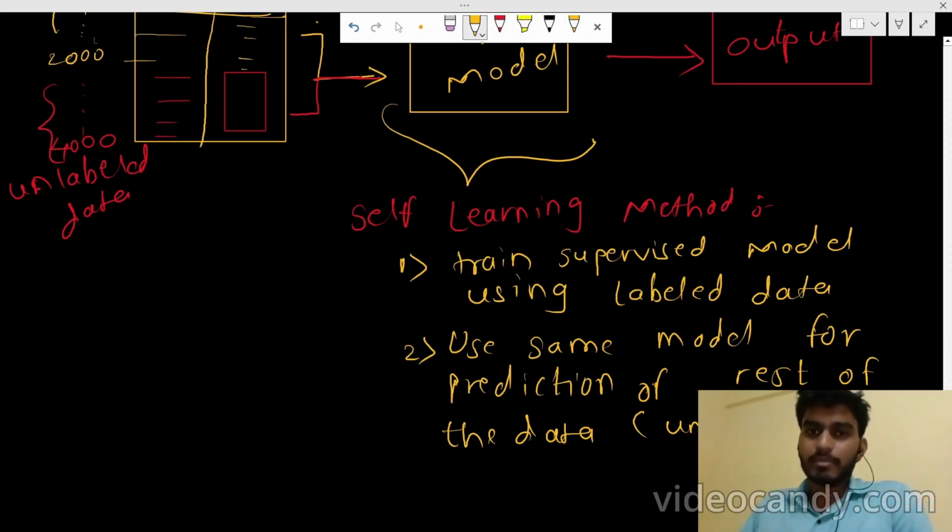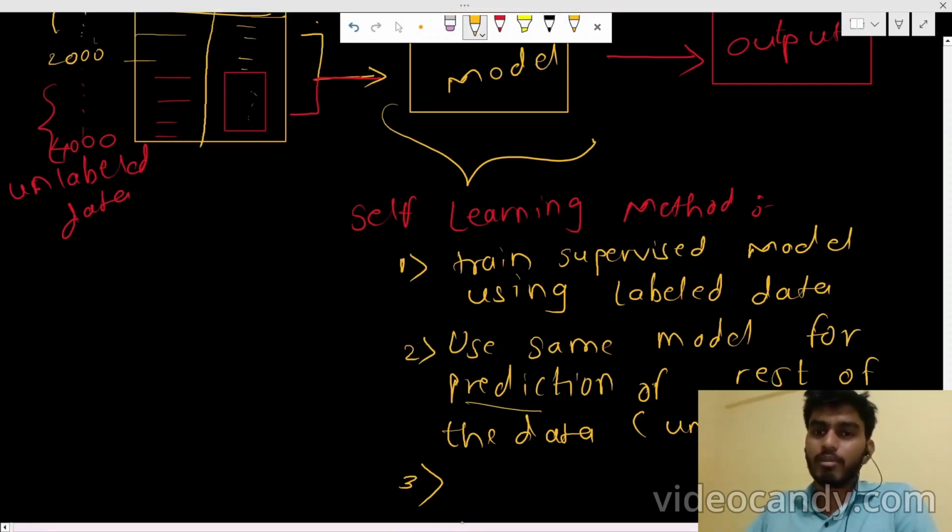The third step is, after prediction, you will get a label for these unlabeled data, right? And then you are going to train our model on the overall data.